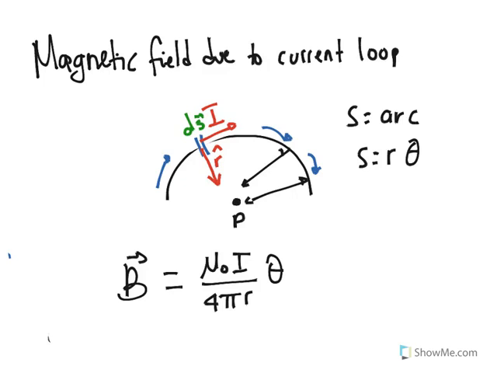We can have, for instance, π radians, or we can have 2π radians if it's a complete circle, etc., over 4πr.